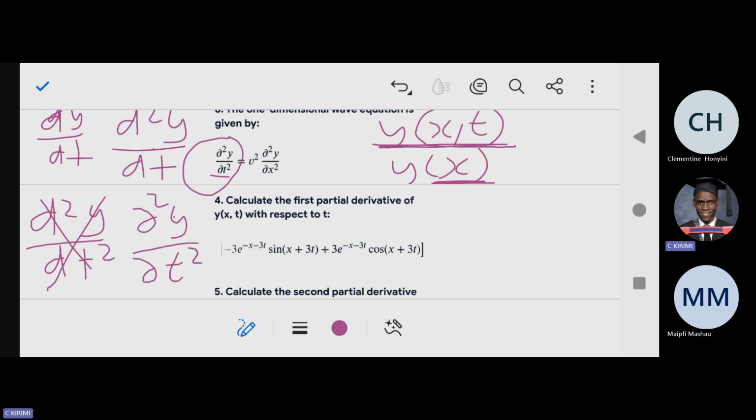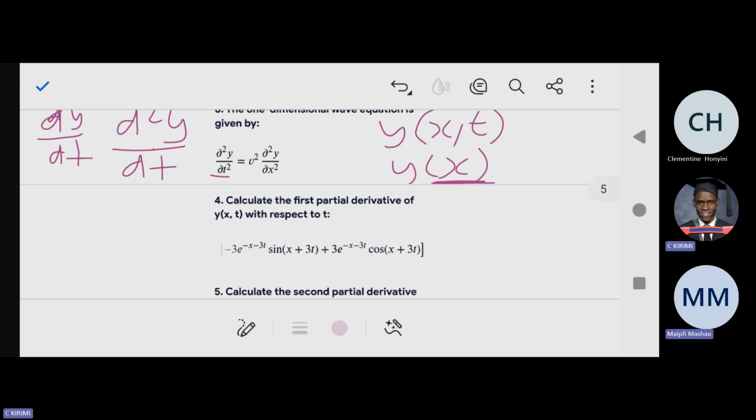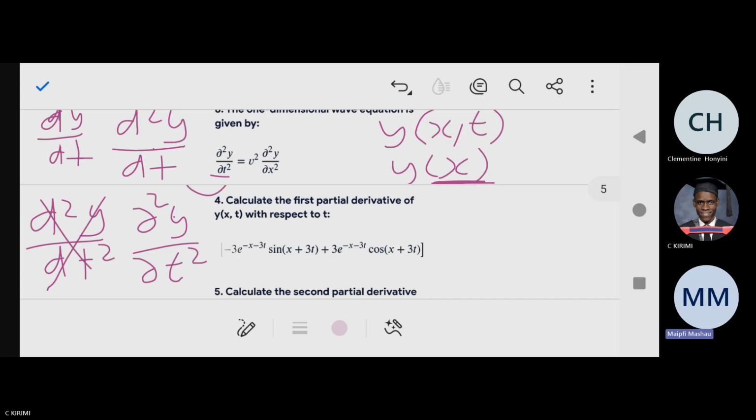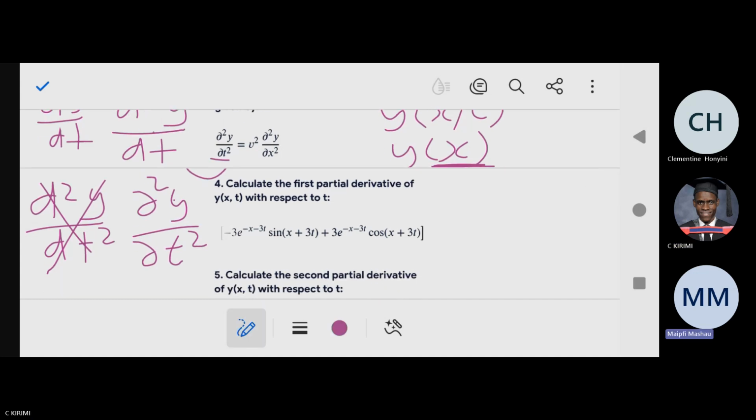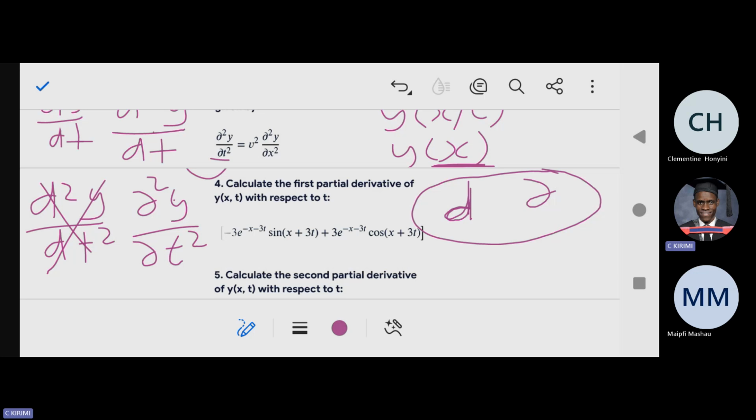Can you see how I wrote here? Can you see my d? Are we together? I'm not talking about the formula, I'm still talking about the notation of writing: the d of partial and the d of derivative. This is the derivative and this is a partial derivative. We are just talking about the notation. We are not yet on the formula.